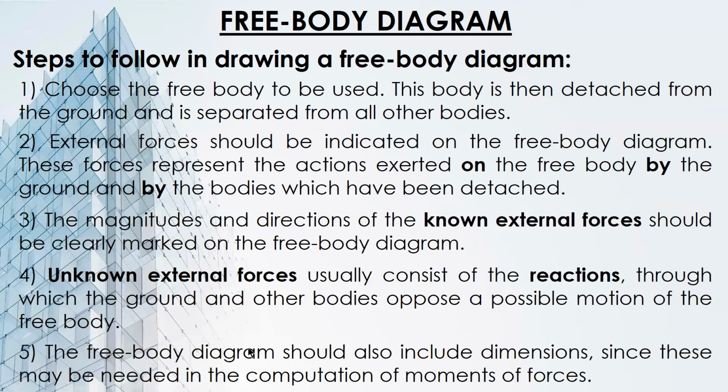Number 5, the free body diagram should also include dimensions, since these may be needed in the computation of moments of forces. This is very important. You'll be able to determine all dimensions, distances, angles, because they will be needed in the computation of moment.